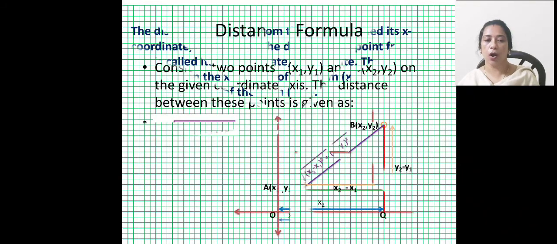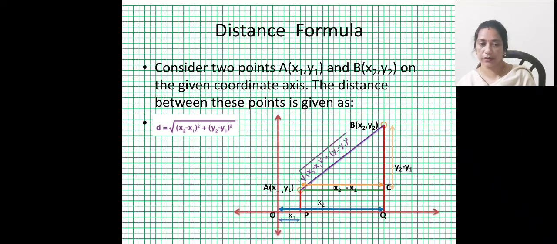Now, when we talk about two particular points, suppose, see in this figure, there are 2 points P and Q. Both are lying on the same axis, and if we are interested in finding out the distance between these 2 points, it becomes very easy. Suppose P has coordinates (x1, 0) and Q has coordinates (x2, 0).